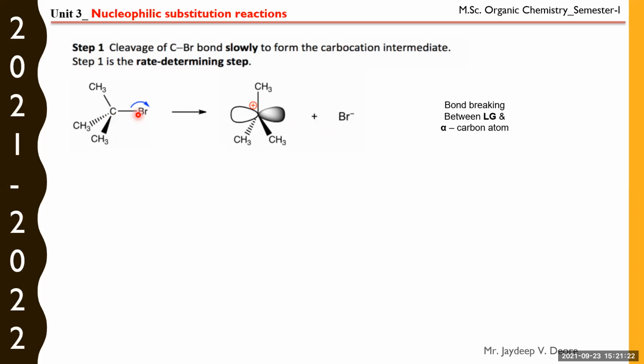So the C-Br bond is going to be cleaved. That means this step is always the slow step, and from the slow step, the rate of reaction is determined. That's why it is known as the RDS step. RDS means rate determining step.